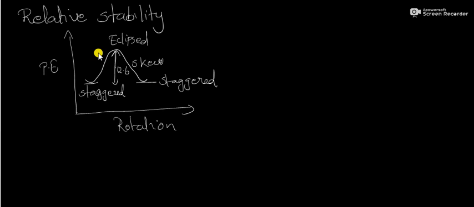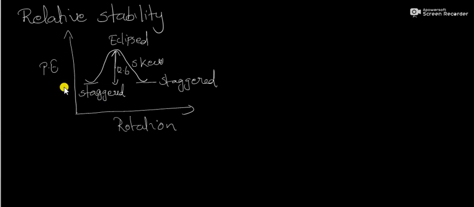Consequently, the repulsive interaction forces between sigma electron clouds of the CH bonds will be minimum in the case of staggered conformation and maximum in the case of eclipsed conformation. Therefore, staggered conformation has a lower energy and is more stable than eclipsed conformation.